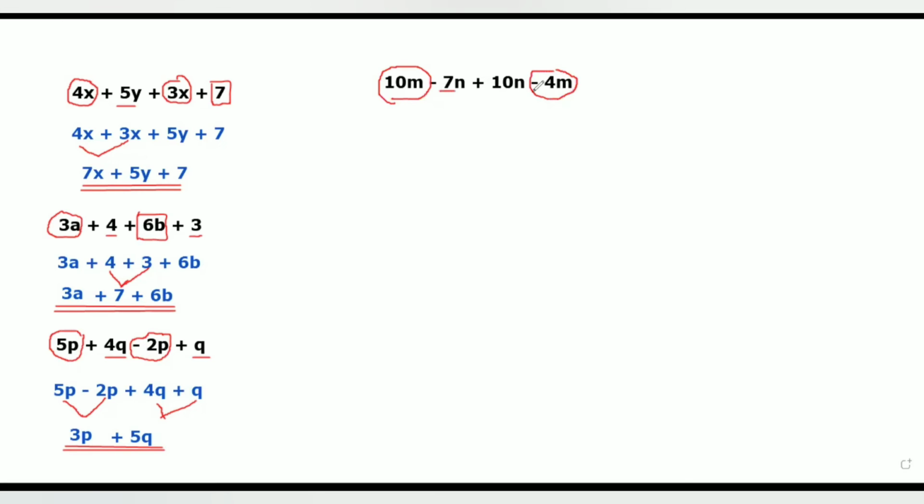Then we have n values. So I am rearranging this, changing the order a little. So it will be 10m minus 4m taken together. Then remaining is 7n, plus 10n.